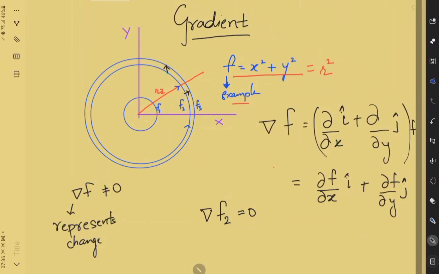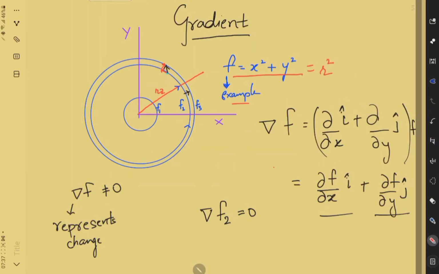Since gradient is a vector quantity, we can decompose this vector into its components, one in the radial direction and one along the tangential direction.